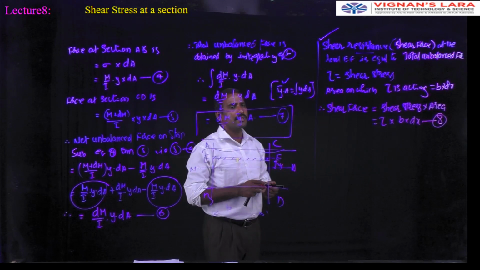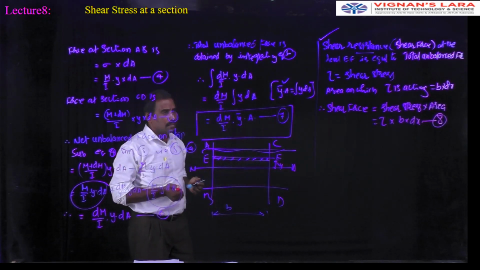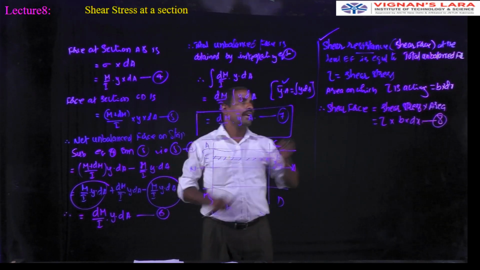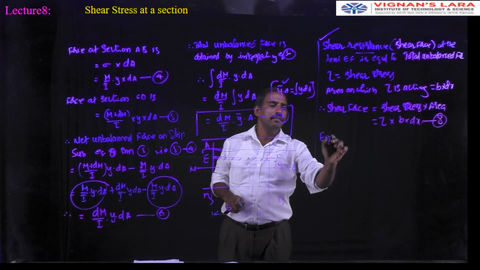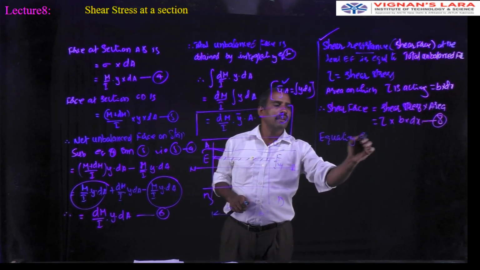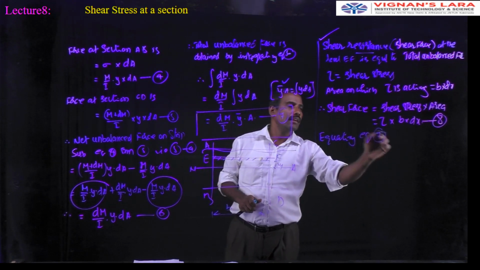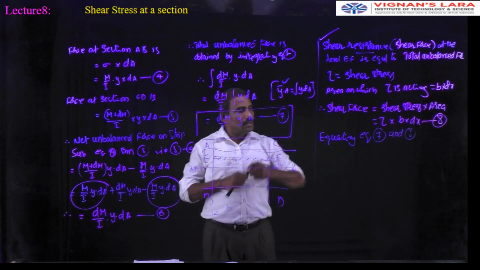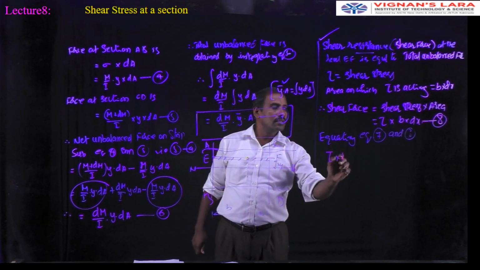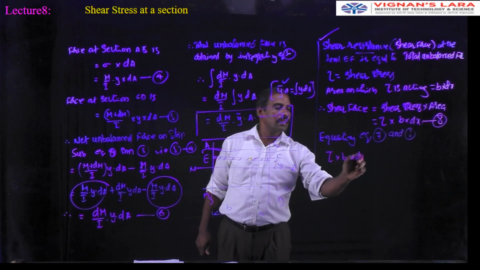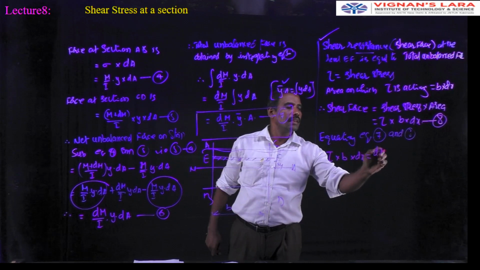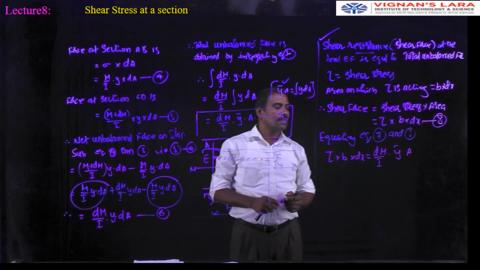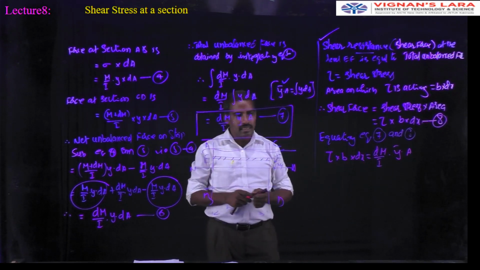As per the statement, simply equate equation number 7 and 8. It is very, very important. Therefore, shear stress tau into B into dx is equal to dM by I into y bar into A. What we have to calculate is the shear stress.